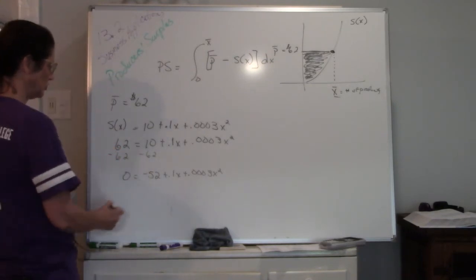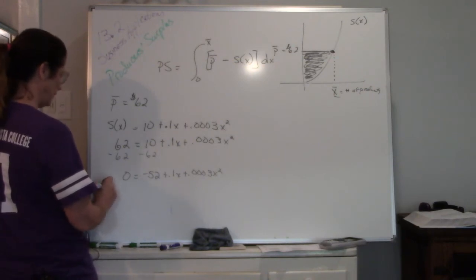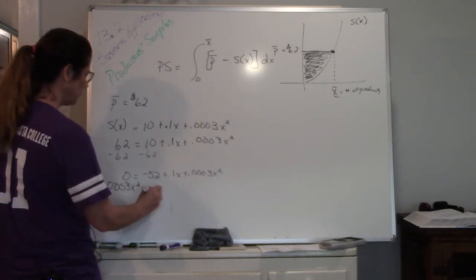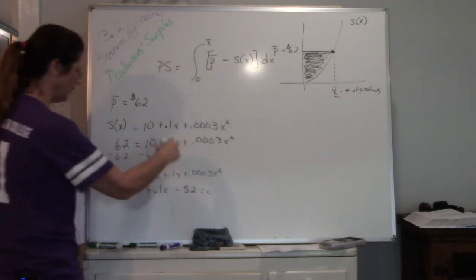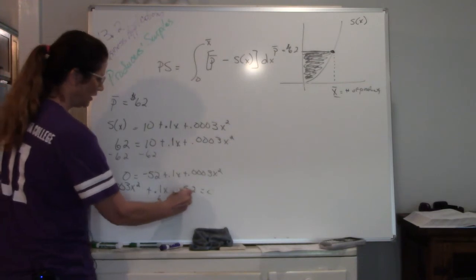We're just going to use the quadratic formula. So I'm going to rewrite this: 0.0003x squared plus 0.1x minus 52 equals 0. All I've done is rearrange it.